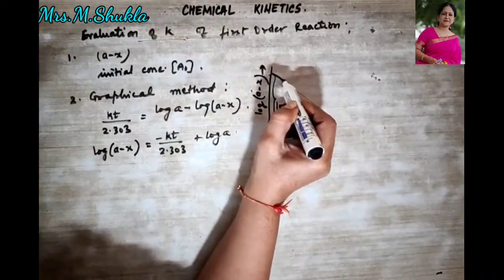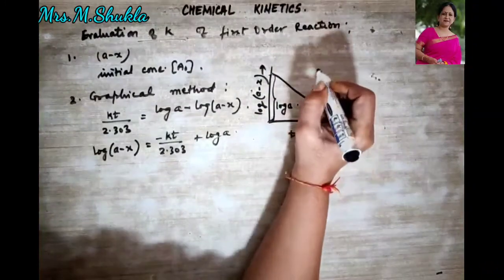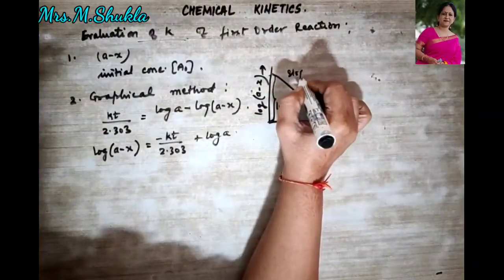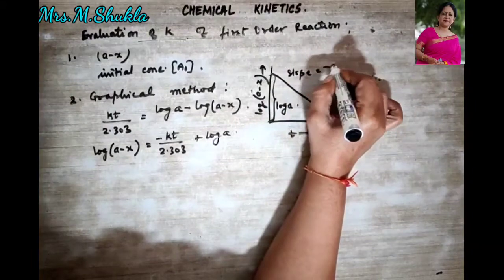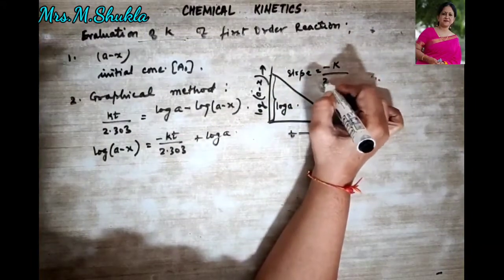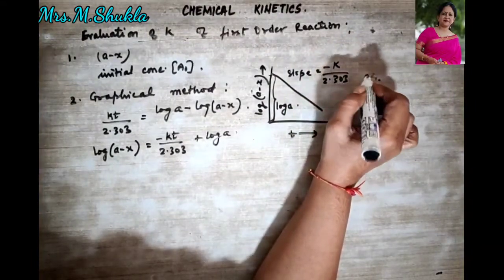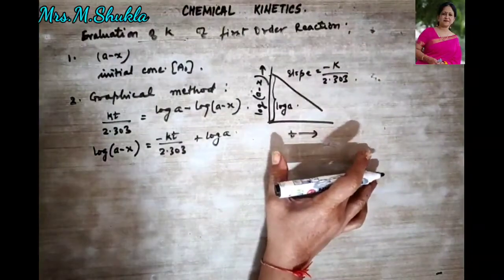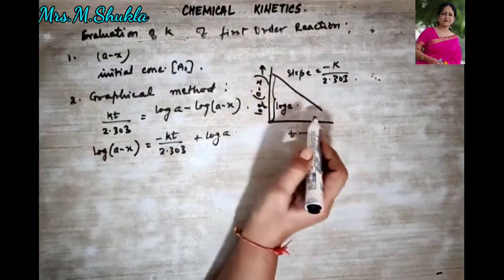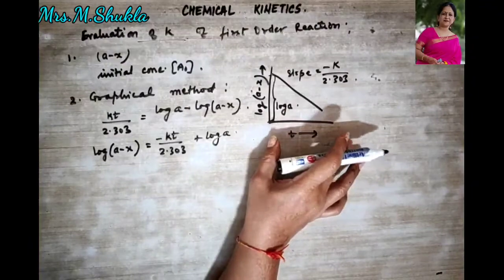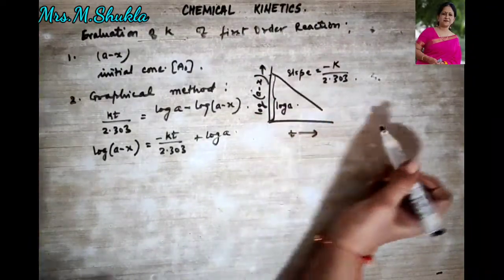I hope you can see the straight line like this, and this slope is equal to minus K upon 2.303, right? So with the help of this slope, this graph, we can also calculate the rate constant.